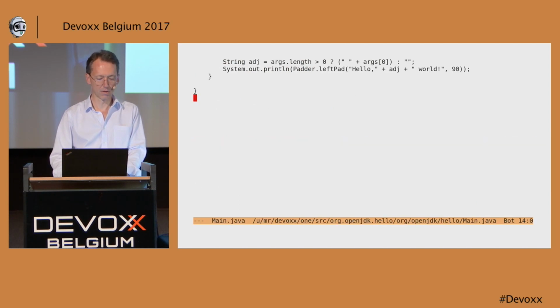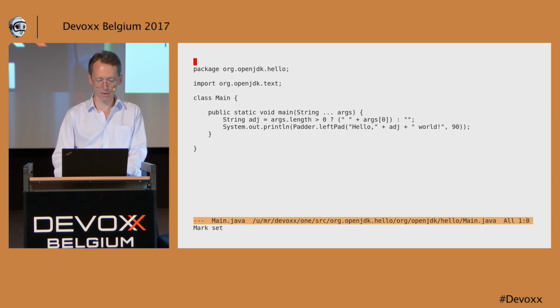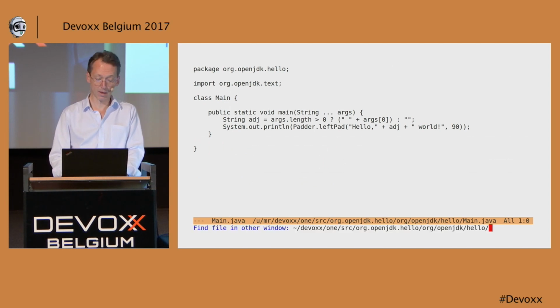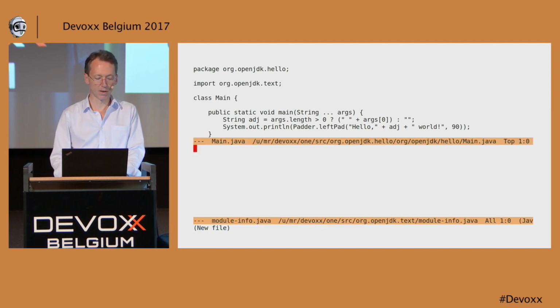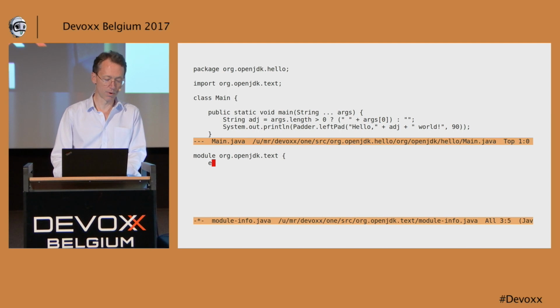But now we need to fix up our module declarations, or actually we need to write one. So let's go back over here, write a module info for this new text module. So its name, we know that, is org OpenJDK text. Now, this module is a set of packages designed for reuse. So we need to export its one package, which has the powerfully sophisticated pattern API in it.